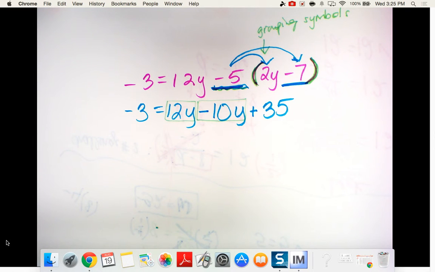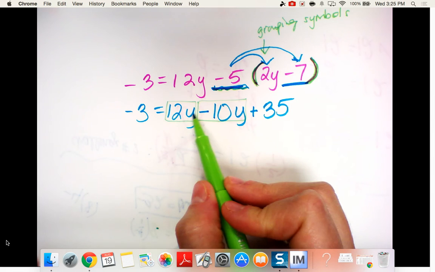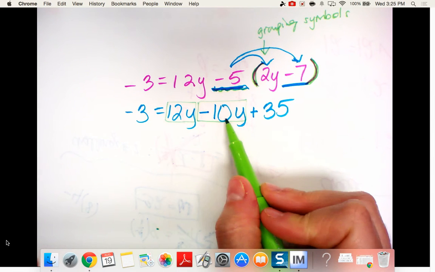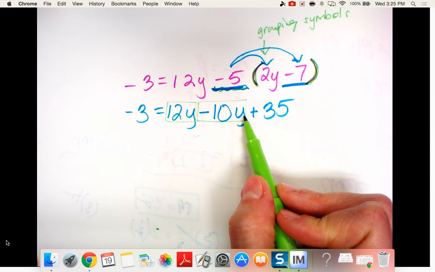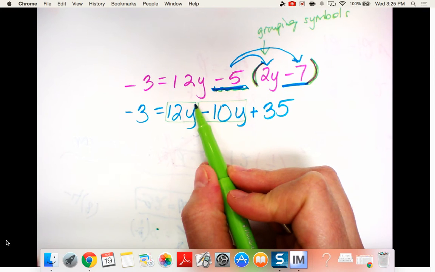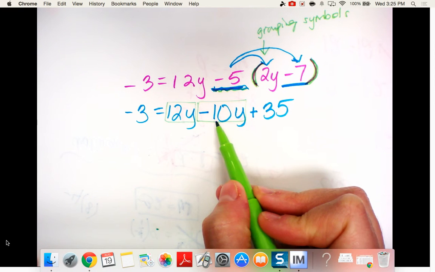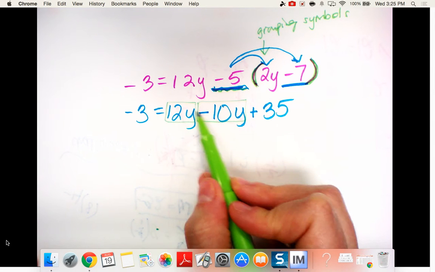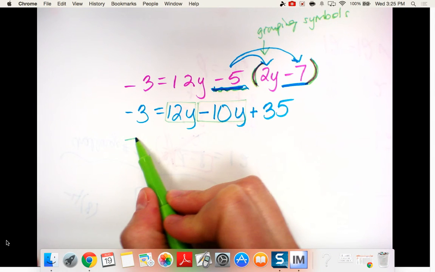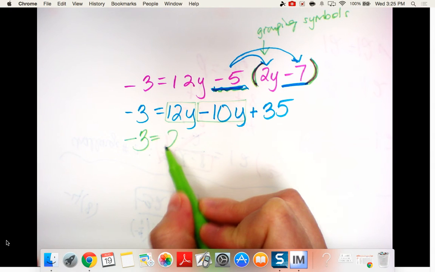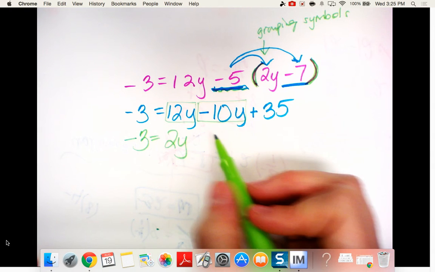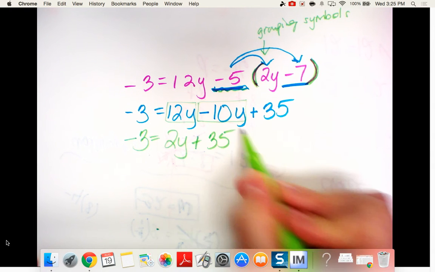So what I mean by that is the 12 is being multiplied by y, and the negative 10 is being multiplied by y. And both y's have an exponent of 1. So therefore these two terms are like terms. So 12 minus 10 is 2. So we have 2y plus 35.